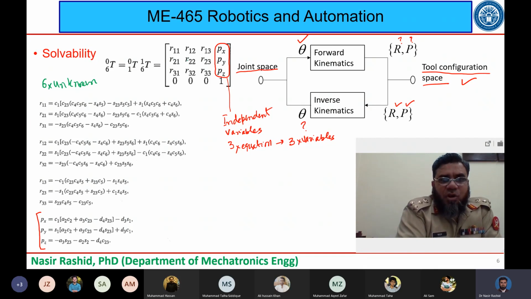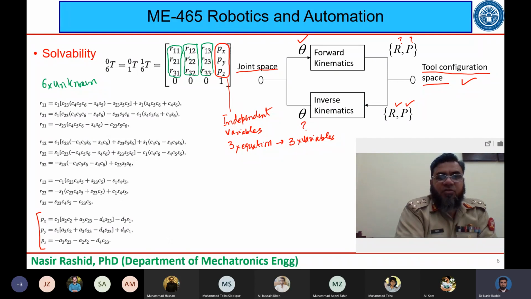Achha, now coming on to the rotation part. In the rotation part, we have this as a vector, this is another vector, and this is the third vector. Now in vector number 1, r11, r21, r31 are not independent. Similarly, the second vector is also not independent. So they are all dependent on each other.